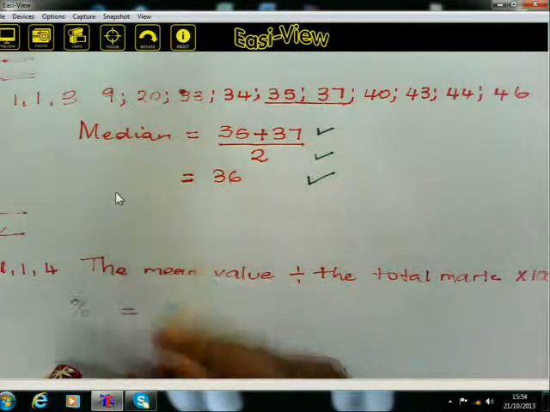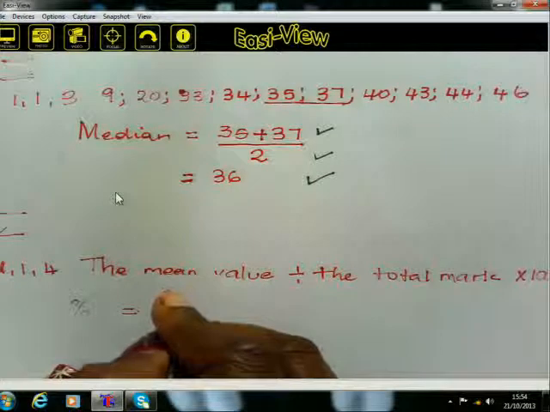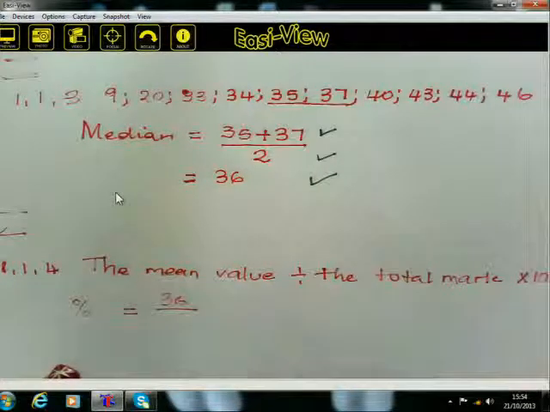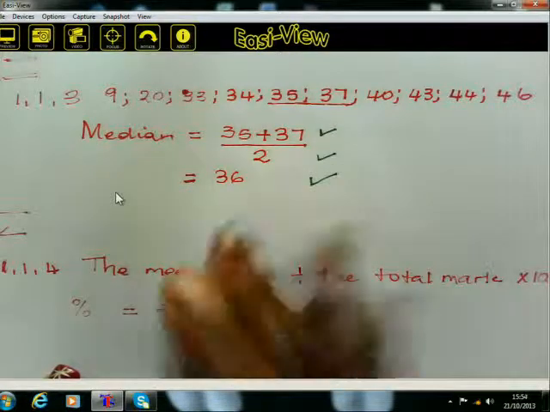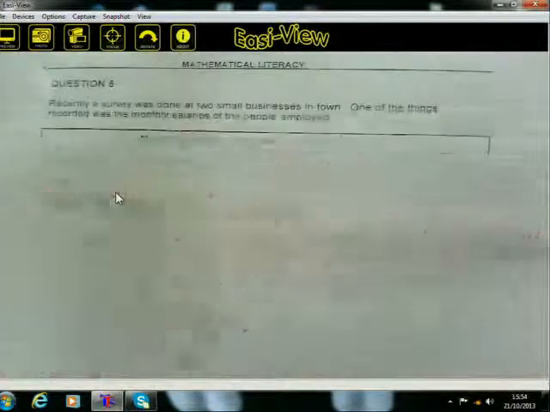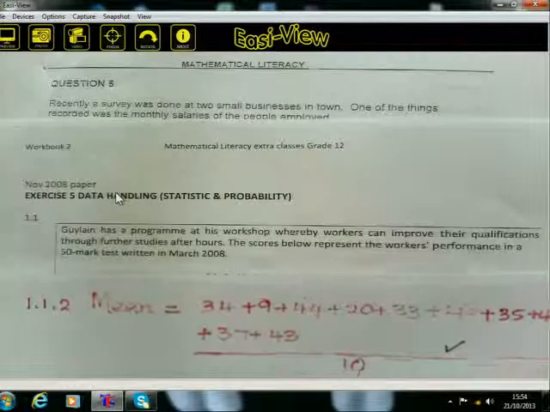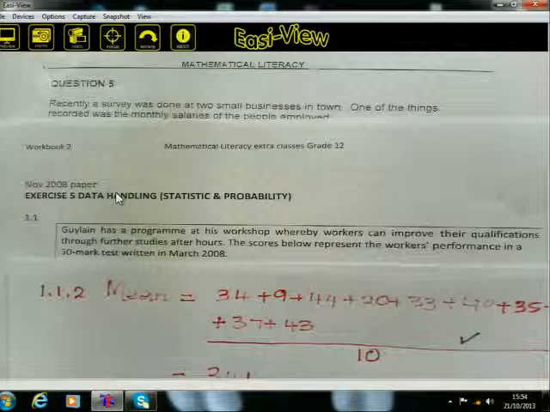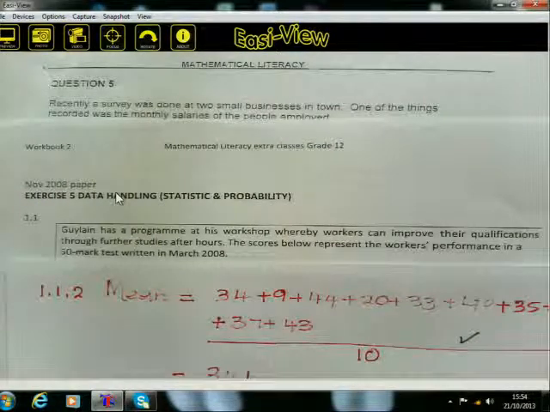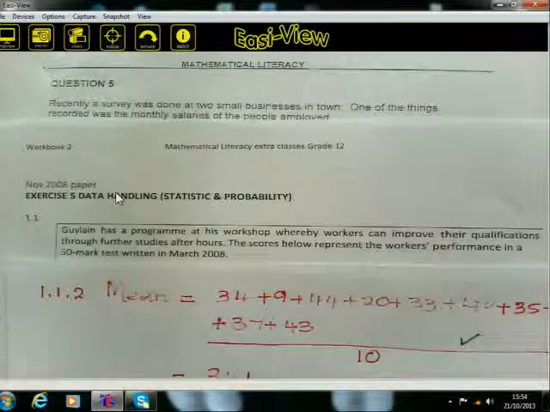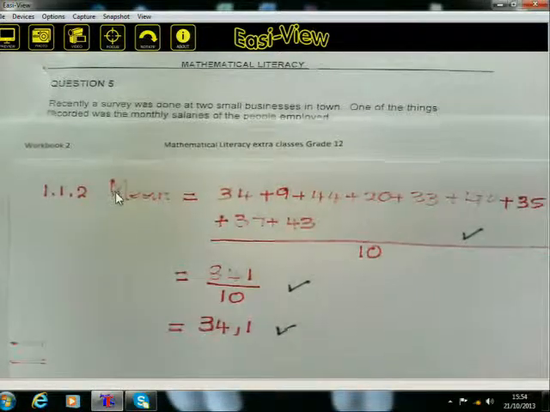So we are going to say 36 divided by, what was the total mark for the test? Remember, from the first scenario, we have said the workers performed in a 50-mark test. So the test was out of 50.